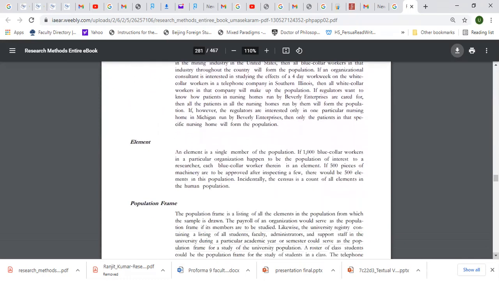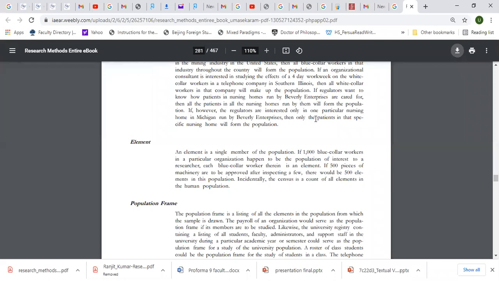In relevance to that, what is an element? An element is any one person or one member or one thing in that population which you have taken for the study.